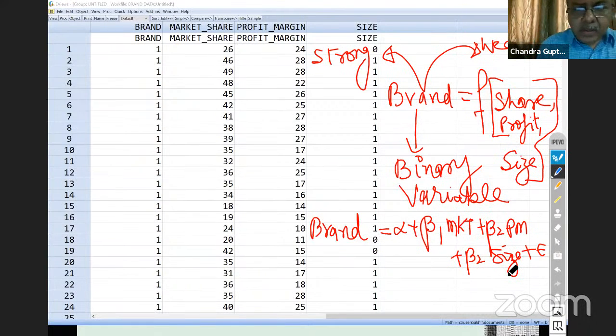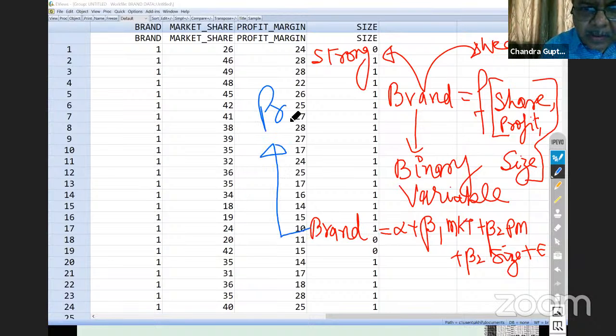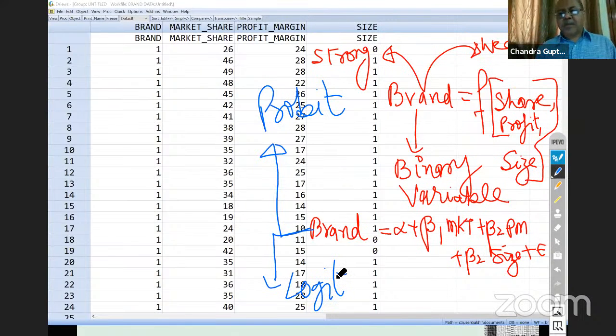You can estimate it by using probit, and you can estimate it by using logit, depending upon what kind of underlying nonlinear function you are considering. Once we are clear about the structure of the problem, let's see how we proceed with it.